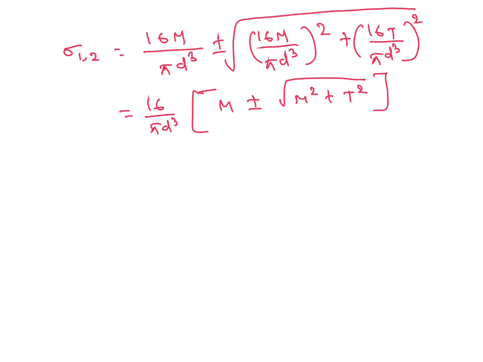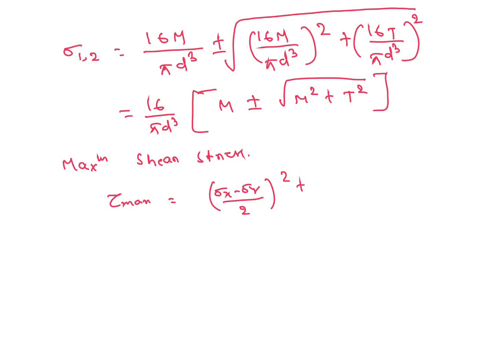This is for principal stress, but in this question they ask maximum shear stress. For maximum shear stress, tau max, its value is square root of (sigma x minus sigma y by 2) whole square plus tau xy whole square.